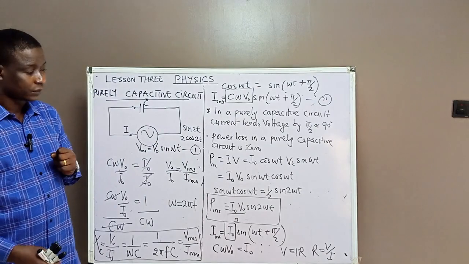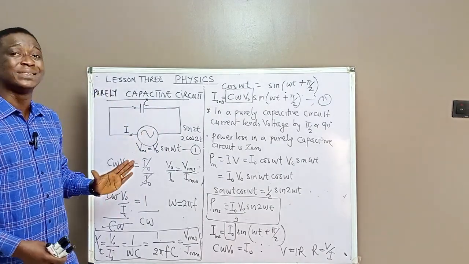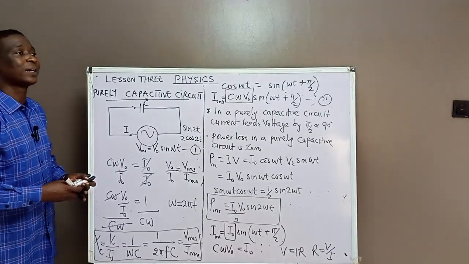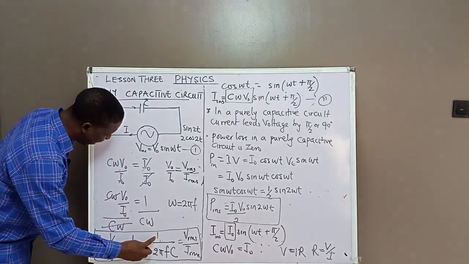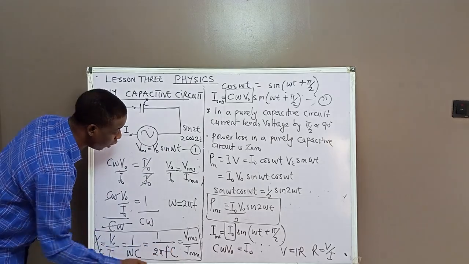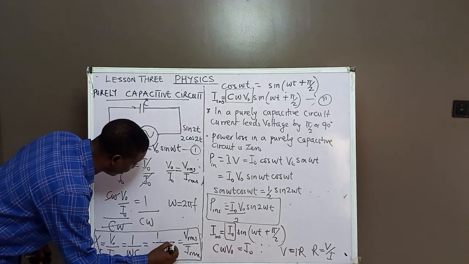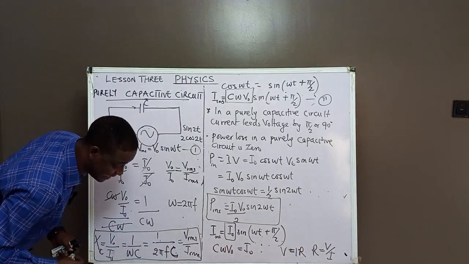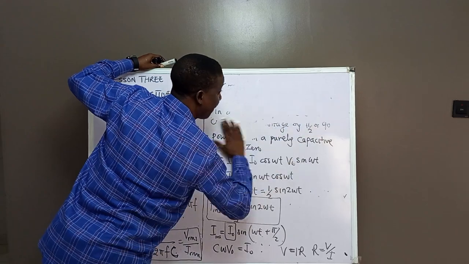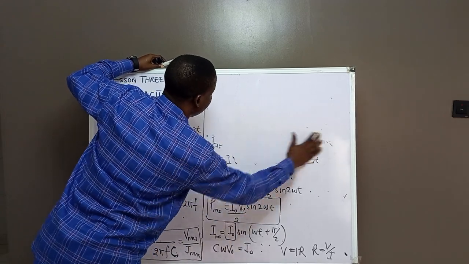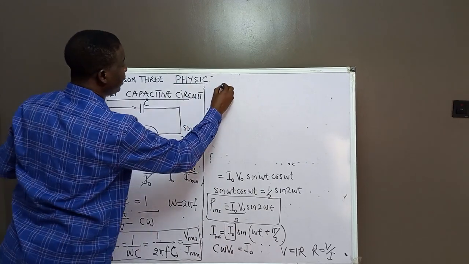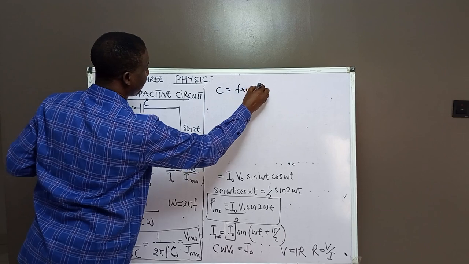Number 4. In this circuit, the reactance across the capacitor is 1 over 2 pi FC, where C is the capacitance of the capacitor, measured in farad.